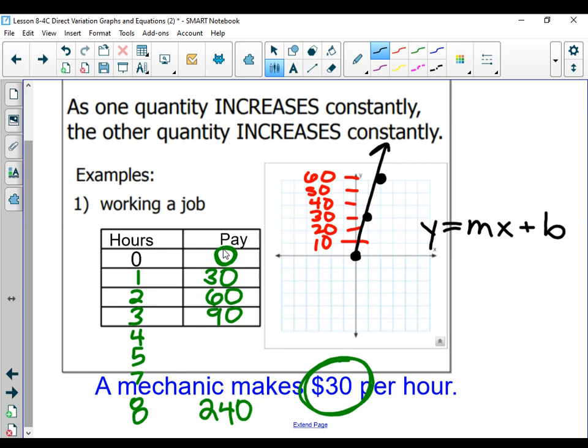Did you find your slope? Allison? I got 30/1. Nice job, 30/1.